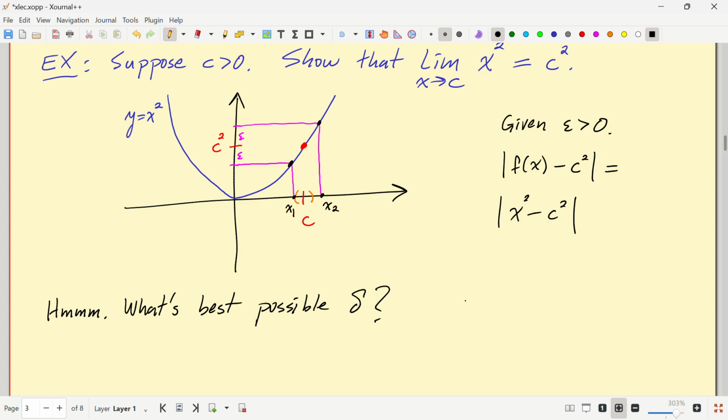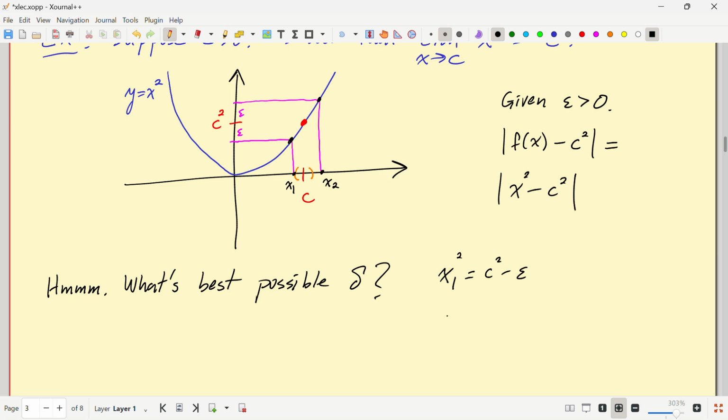How would I figure out what x1 is? x1 squared is equal to c squared minus epsilon. And so x1 would be equal to the square root of c squared minus epsilon.